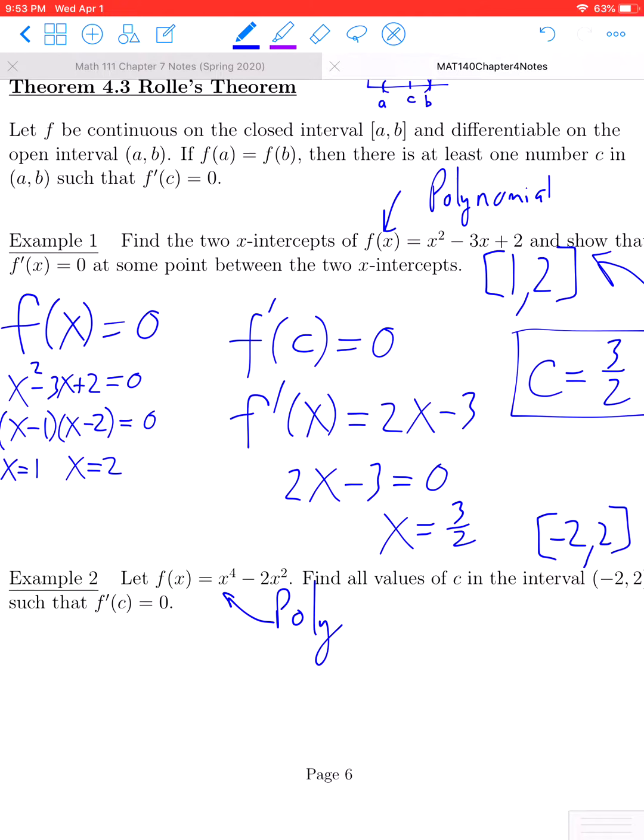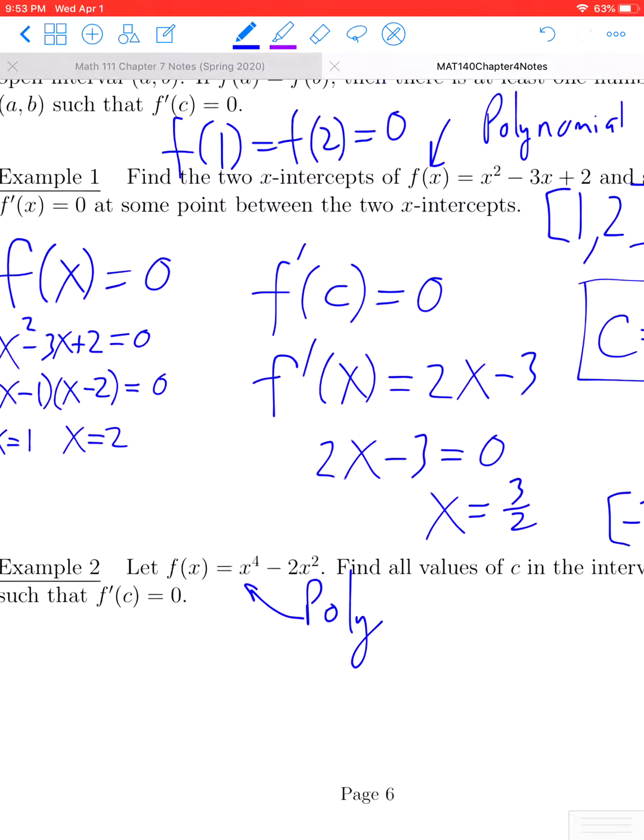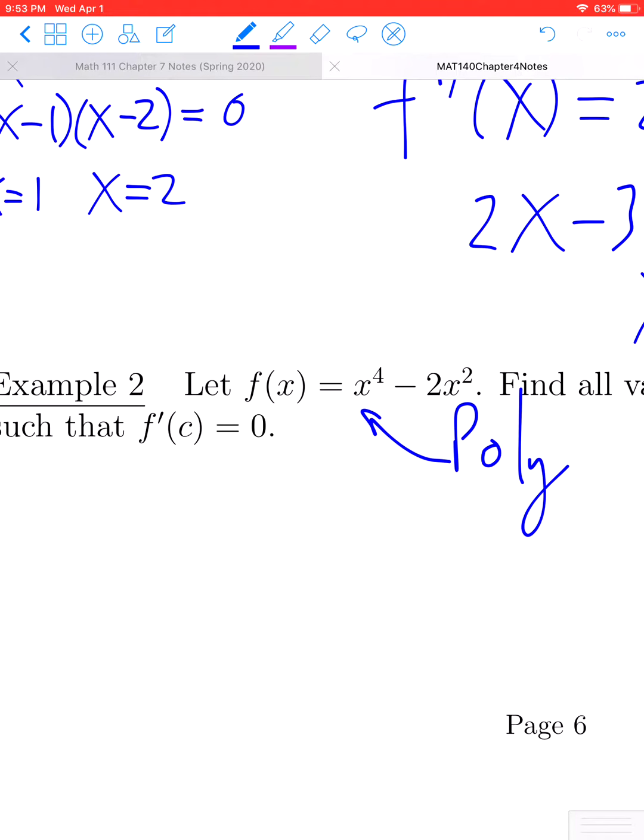One of the things that we would also want to check, according to Rolle's theorem, and we didn't check this in the last statement because we were working with two zeros, so we knew that f of 1 and f of 2 previously were equal to each other because they were both commonly a zero of that function. Let's just do a quick check here to make sure that f of -2 and f of +2 are equal to each other, because that's one of the requirements for Rolle's theorem.